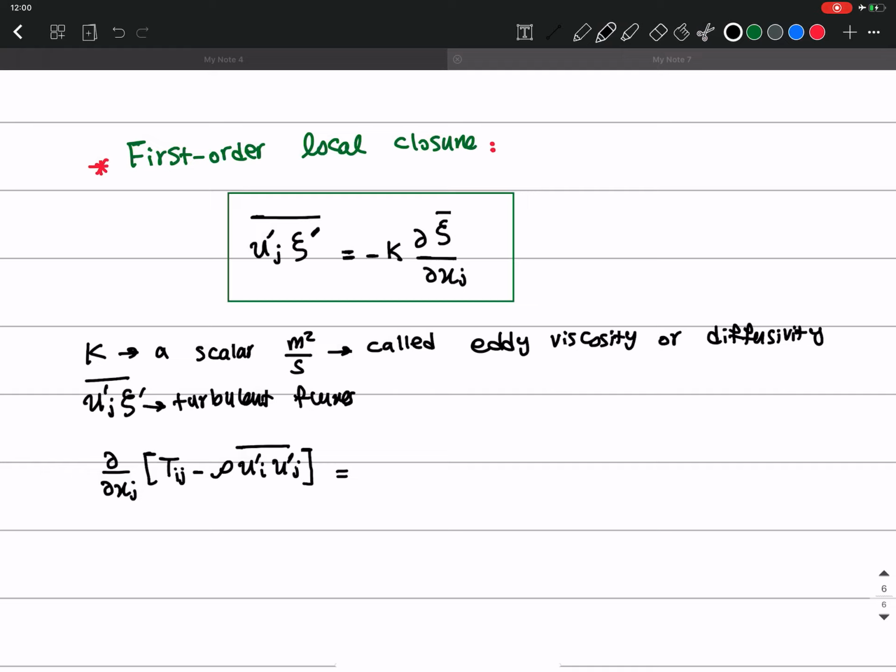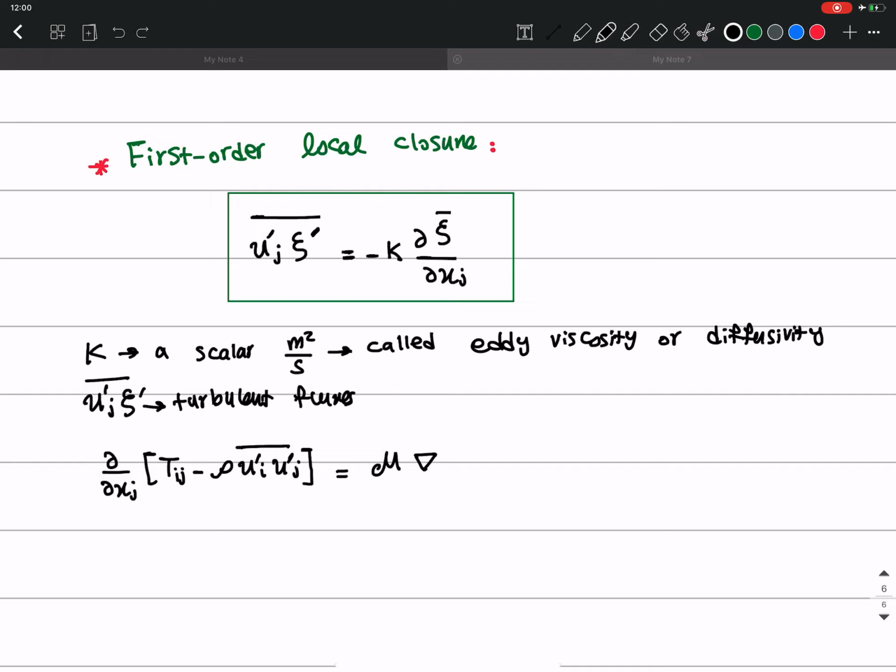So if you remember from when we derived the Navier-Stokes equations, we wrote this in terms of mu, right? So it was this one, the left one. We can write it in terms of the eddy viscosity, so it's going to be mu grad square.